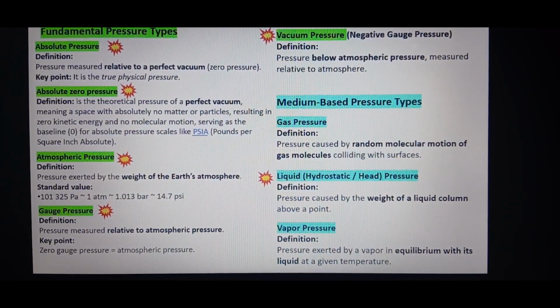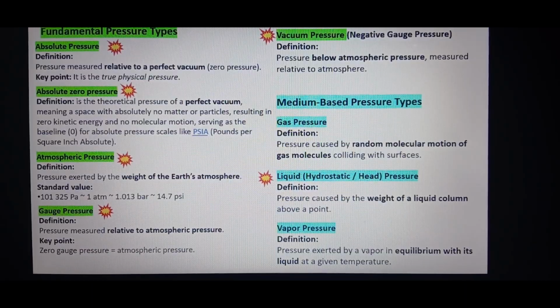The fundamental pressure types. Absolute pressure. The definition: pressure measured relative to a vacuum, a perfect vacuum, zero pressure. The key point: it is the true physical pressure. Absolute zero pressure.